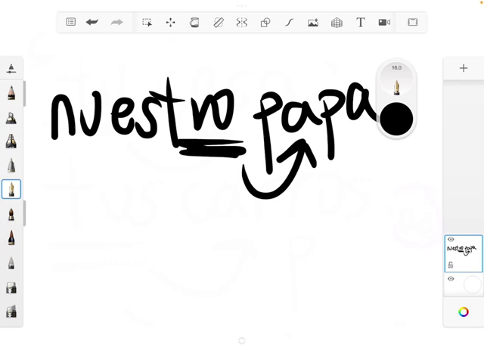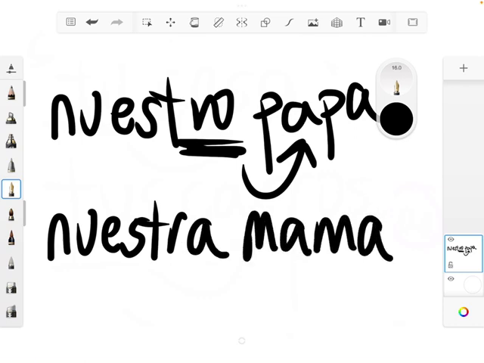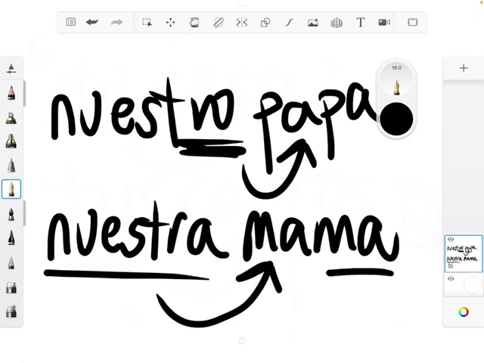So we could say nuestra mamá. This could be a group of boys. It could be 10 boys with the same mother, and it's going to match mamá because it's modifying this, and it has to match because it's a possessive adjective. So it doesn't matter who is actually possessing. What matters is who is actually being possessed, the noun it modifies.